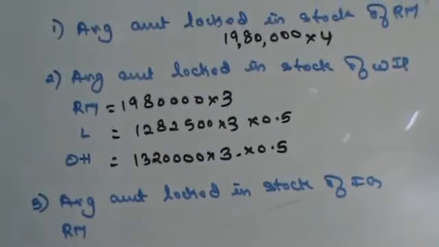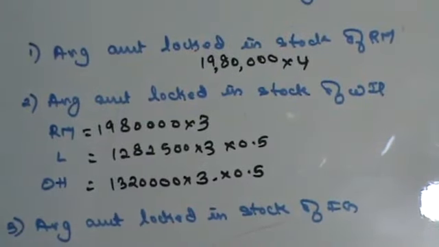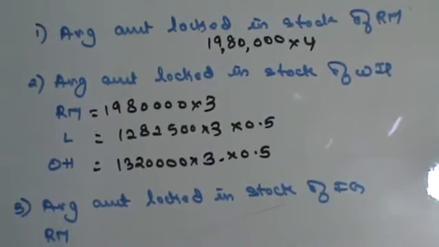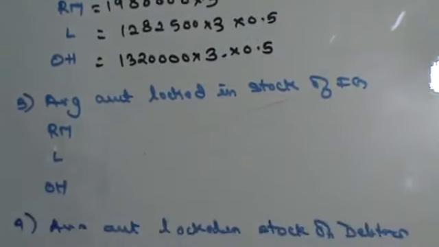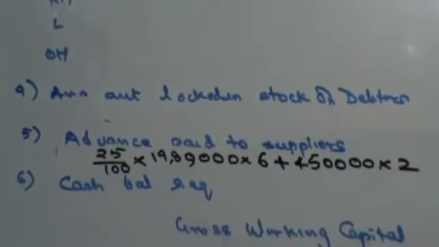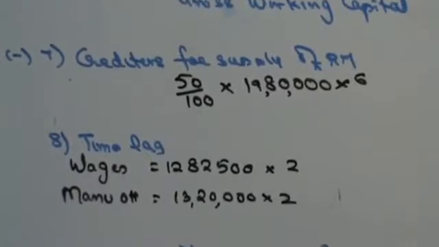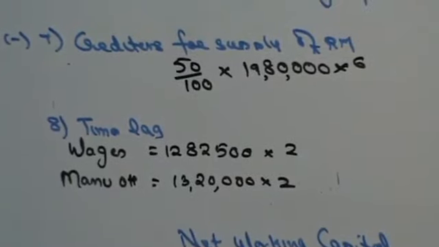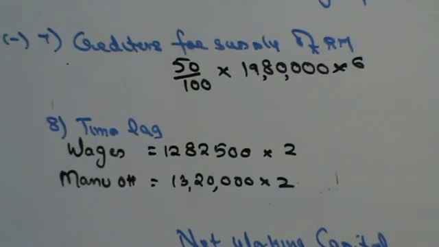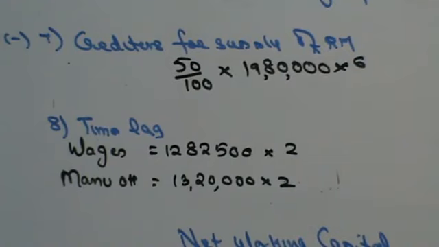As at the moment, the company has not got it and we don't even have finished goods. So that means 50% of the raw material will be overdraft facilities.